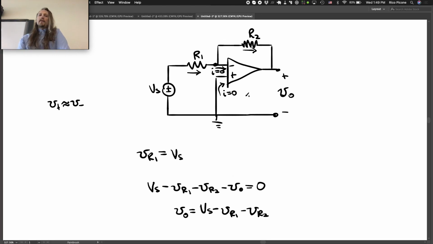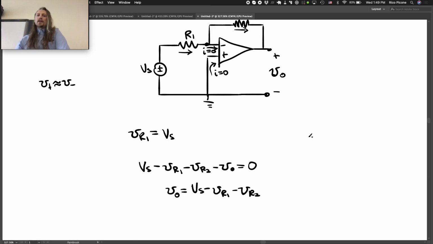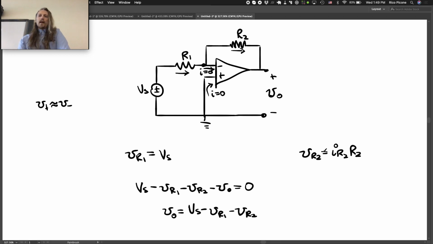And conveniently, VR2 has the elemental equation that IR2 and R2 multiply to give us VR2. And if we look at KCL at this node here, we see that there's no current being drawn into this inverting input of the amplifier.